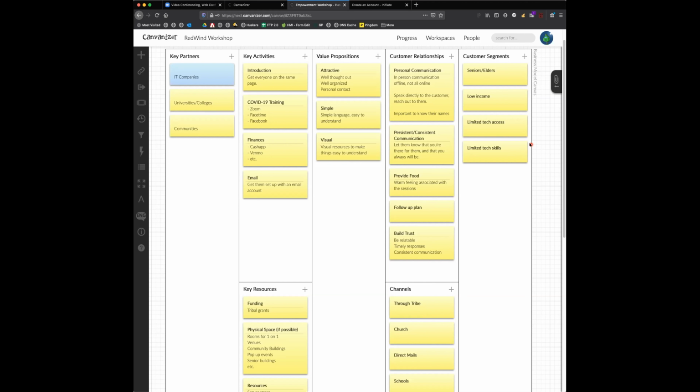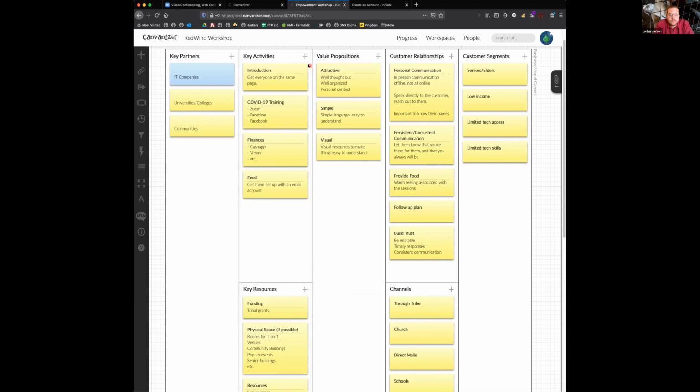And so that is why we targeted. So it's not necessarily just for the elders and seniors, but we thought that also some of the younger population could benefit from some of these programs and resources that we put in place for them. So jumping back, that is why for our key activities, we decided that we should really break it down for this population. We didn't want to overload them with information.